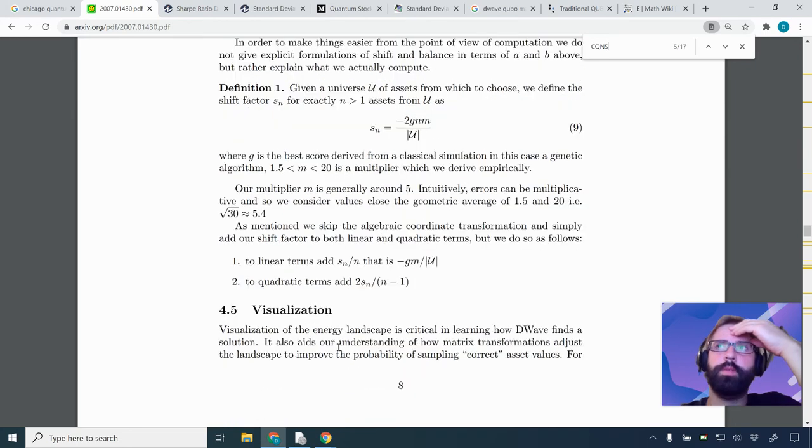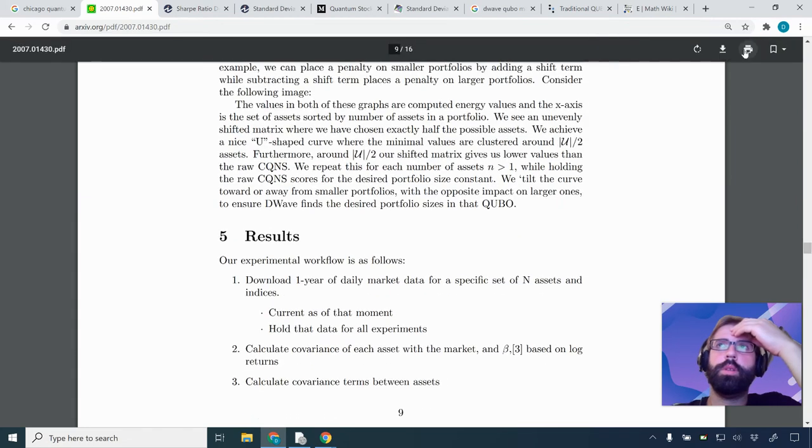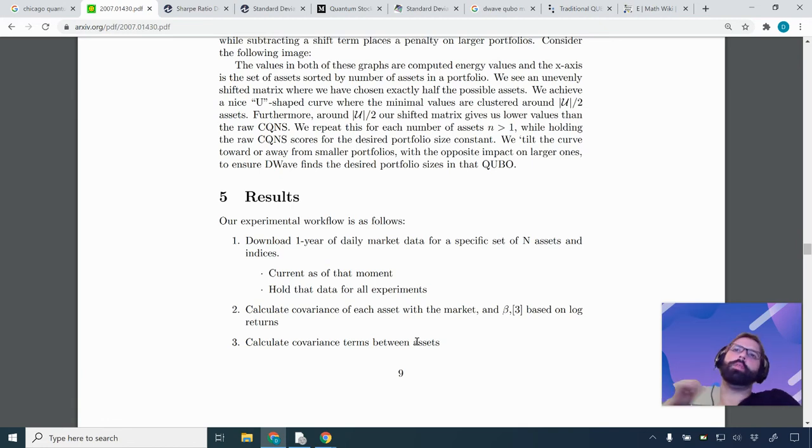Definition 1, visualization. Results. Download 1 year of daily market data for a specific set of n assets and indices. Current as of that moment, hold the data for all experiments, calculate covariance of each asset with the market and beta, and then returns based on log results.